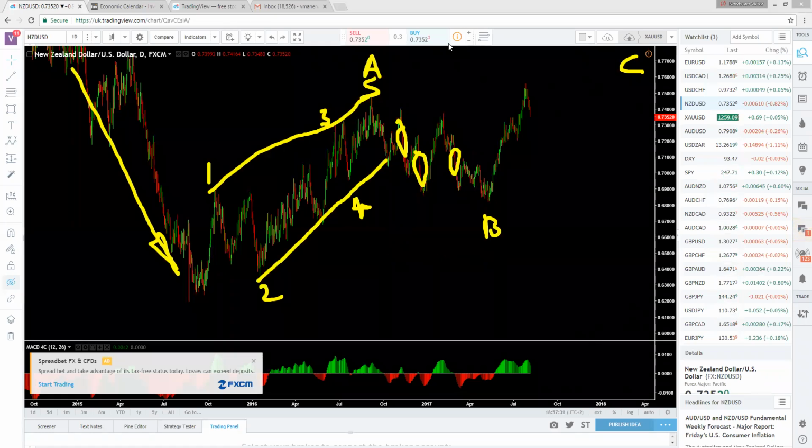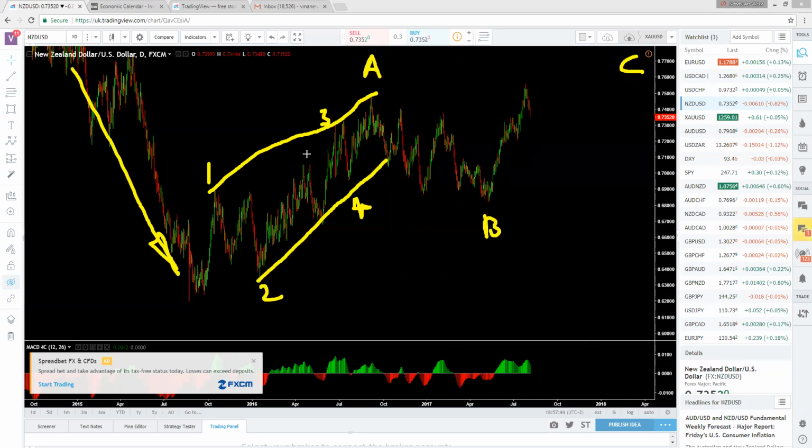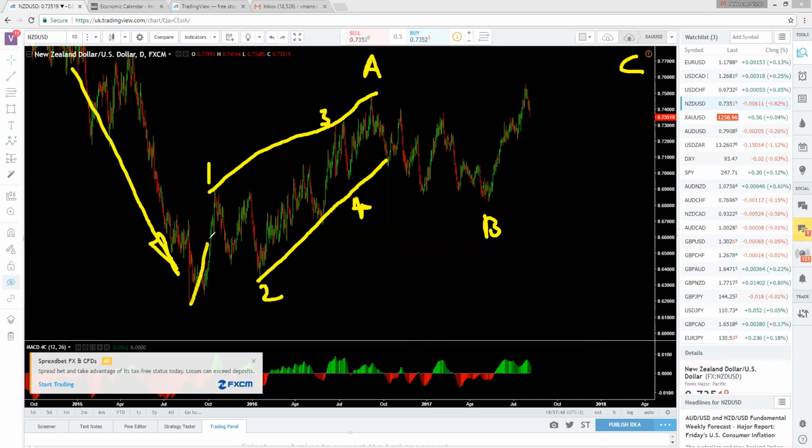So we've got a leading diagonal, but not only just the leading diagonal, but look what this pair always does. It always makes an impulse and then a correction. You see this one? Another impulse here, and then a correction. Another impulse there, and then a correction. And the sequence just keeps doing the same thing.